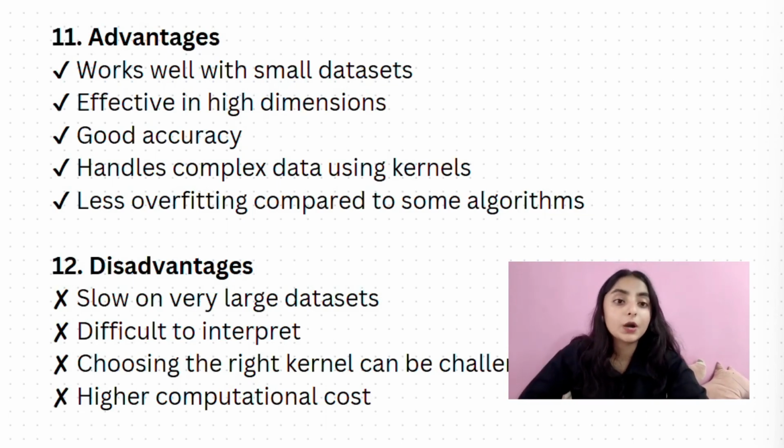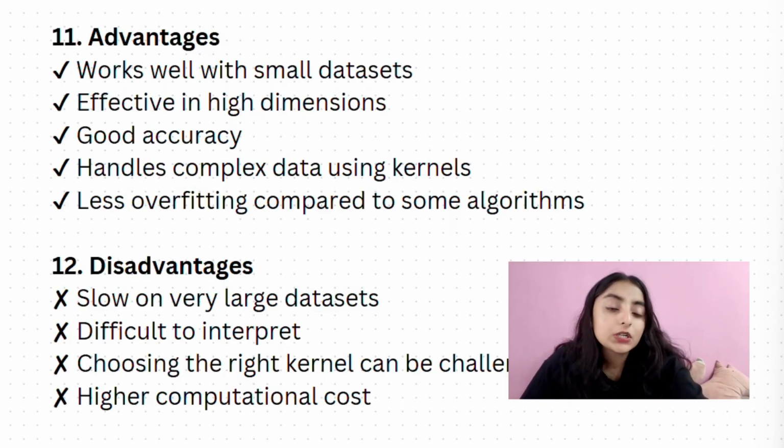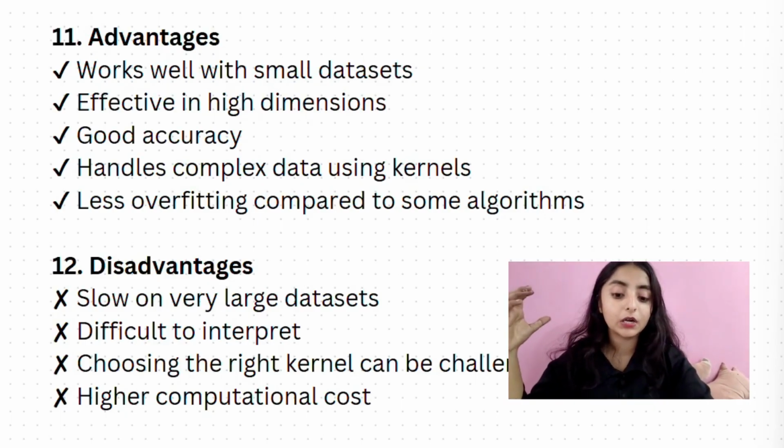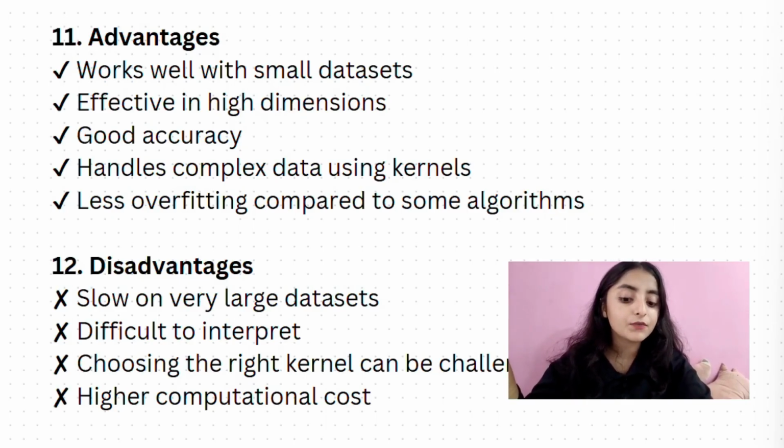And this is all about support vector machine. So today we learned the support vector machine, a very powerful supervised learning algorithm. It is mainly used for classification tasks, and somewhere we can use it in regression tasks also. SVM finds the optimal hyperplane that separates classes with the maximum margin, and the nearest points to this boundary are called support vectors.